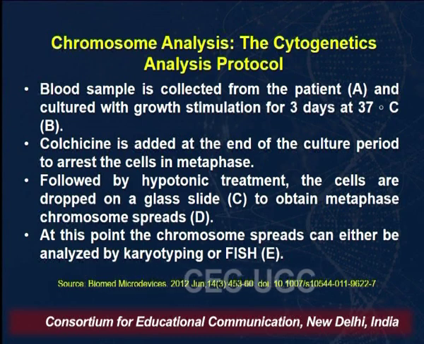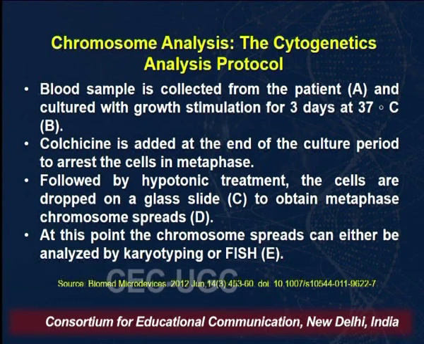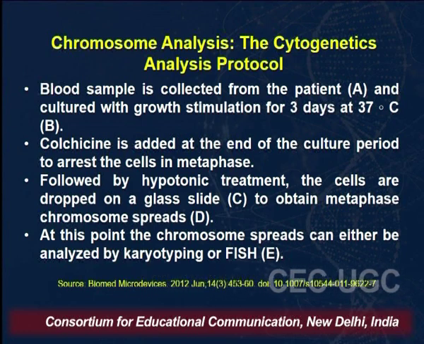Now, metaphase is that phase of mitosis where the cell's chromosomes are best visible, because the chromosomes are properly condensed and easily visible through the microscope. Once the colchicine is added, there is a cell arrest taking place in metaphase.